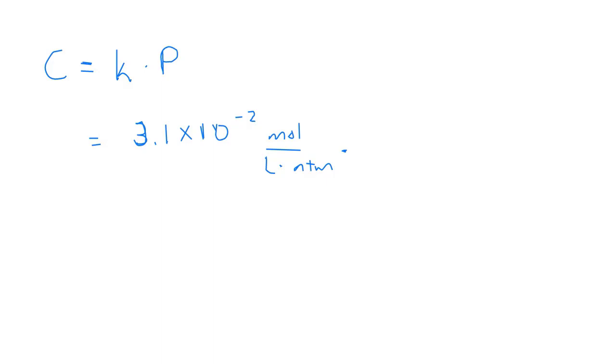And then we multiply all of that by 6 atmospheres. The atmospheres should cancel, and then you'll get a number, and the units will be moles per liter, so that'll be a molarity. All right, cool. Any other questions for this one?